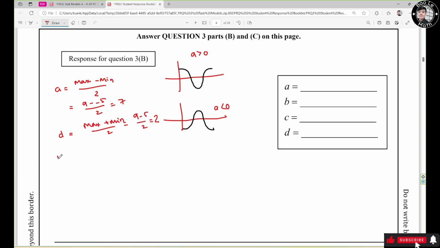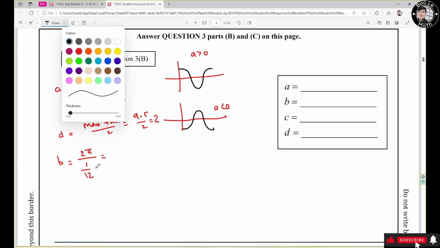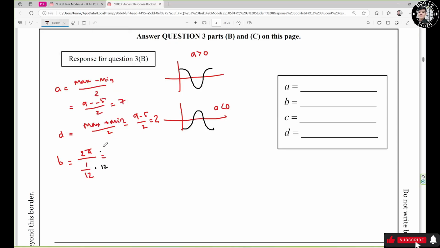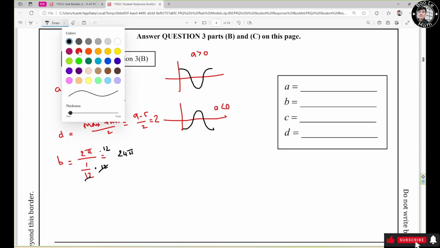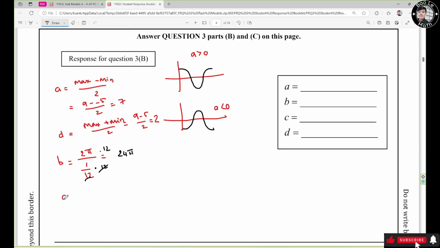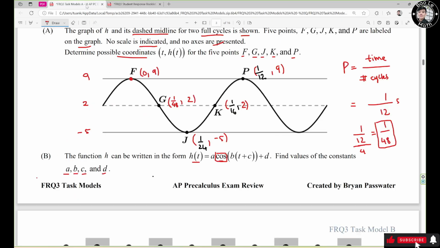You need to solve for B. B equals 2 pi divided by period. Period equals 1 over 12. So you just multiply the top and bottom by 12, so this one cancels out. So it could be 24 pi. Now, the next one, you need to find the phase shift C. So we look at this one. The cosine function, you can start right here.